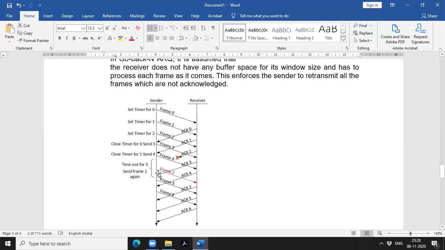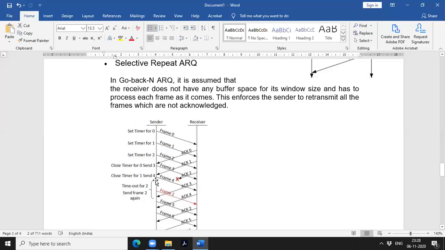If you see here, frame 2, frame 5, frame 6. For frame 2 we have not received the acknowledgement. For frame 5 and frame 6 we receive an acknowledgement. Only frame 2 will be retransmitted again. So here only the second frame alone will be retransmitted.